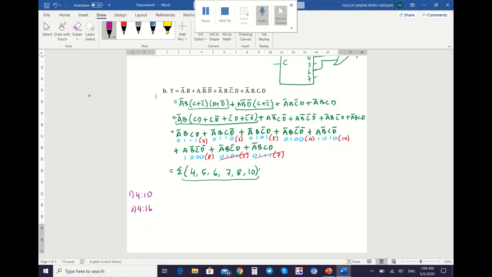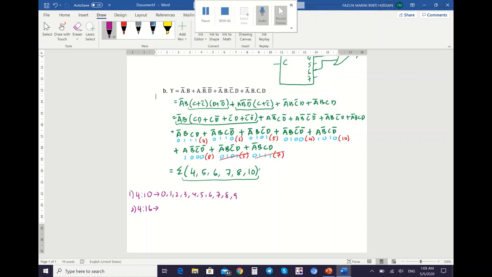For 4 to 10, you must know the range of decimal values included in the decoder. For 4 to 10, you have 10 values, from 0 until 9: 0, 1, 2, 3, 4, 5, 6, 7, 8, and 9.